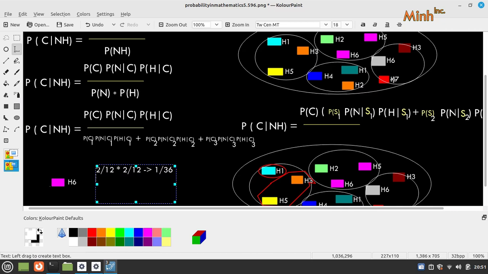Okay, if I take it class-wise, then h6 purple belongs to a particular class only, and that class probability is 3 by 4, 1 by 4.